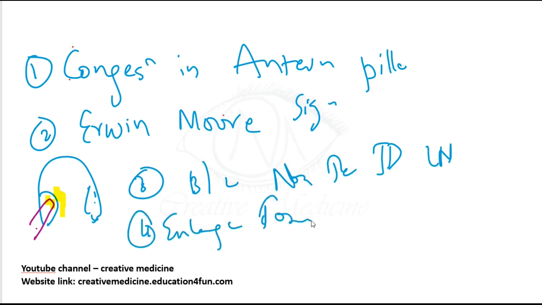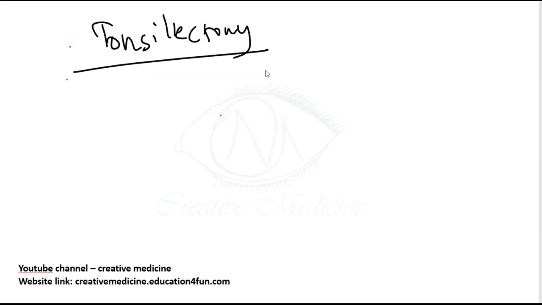So these are the four cardinal signs of chronic tonsillitis: persistent congestion of the anterior pillar, the Erwin-Moore sign, with yellowish cheesy discharge escaping from the crypts, non-tender enlarged jugulodigastric lymph nodes, and enlarged tonsils. The next important thing is tonsillectomy, which we will learn in the next class. Thank you.